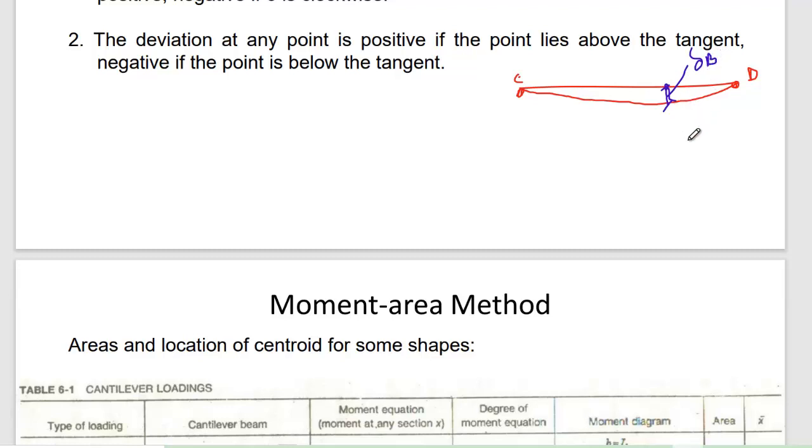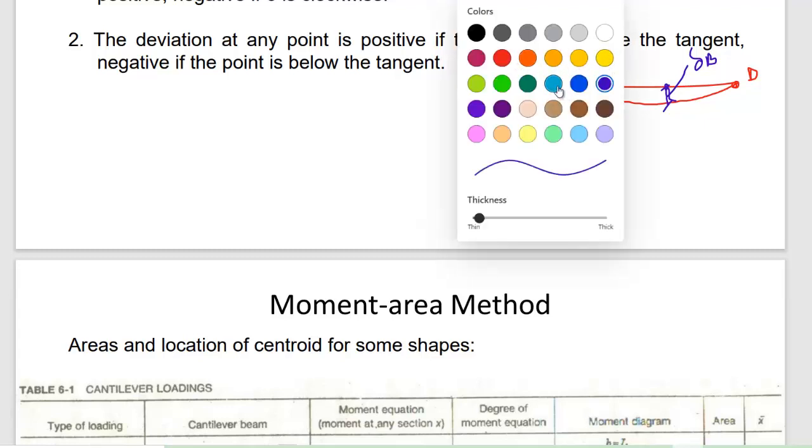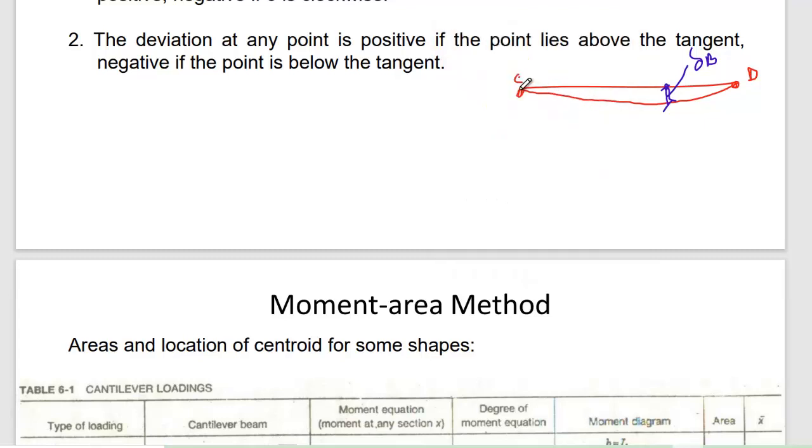I want to know the deflection of point B. How can you draw this, or how can you find this? So now if I draw the tangent from point C, right? If I draw the tangent from point B, right?